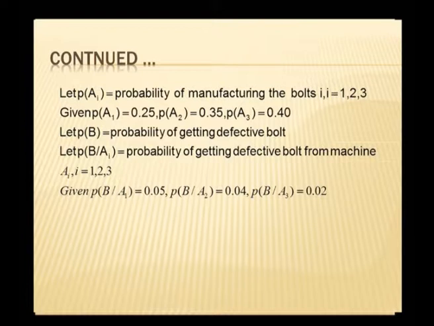See, here you are getting probability with respect to the defectiveness, whereas your machine is fixed. So, here you have P of B by A1, P of B by A2, P of B by A3, and it is given that P of B by A1, the probability of getting a defective bolt from the first machine, is 5%. So, we get 5 by 100, 0.05, whereas for the second machine P of B by A2 the defectiveness is 4%, so it is 0.04, and the third one P of B by A3 is 0.02.